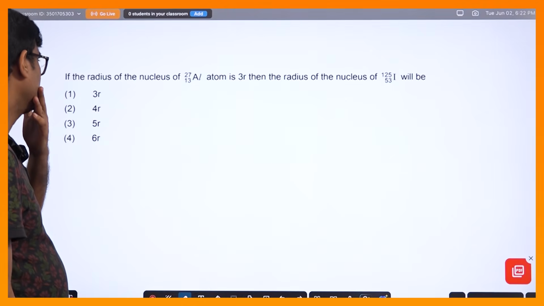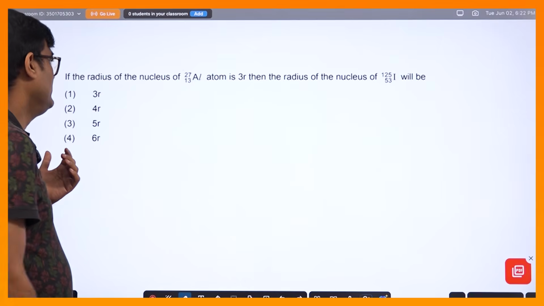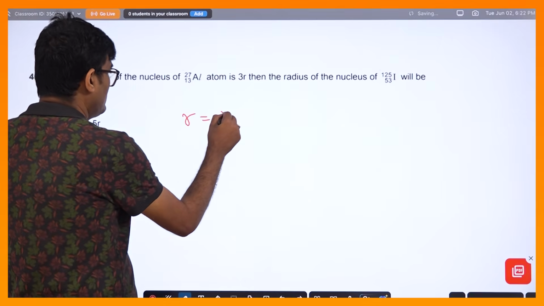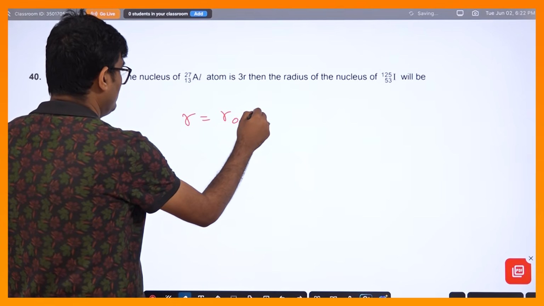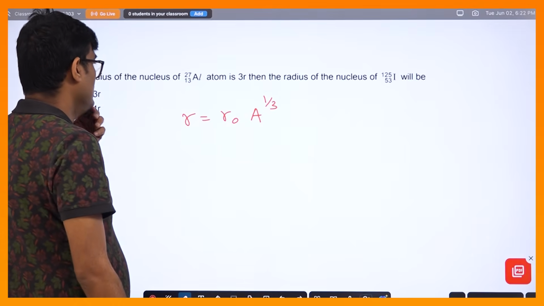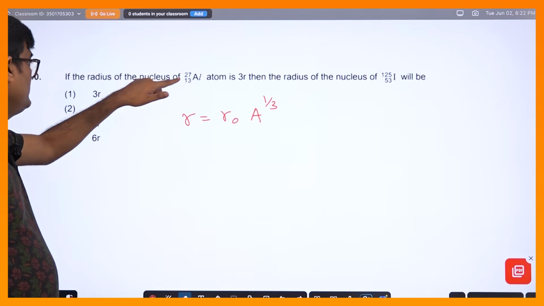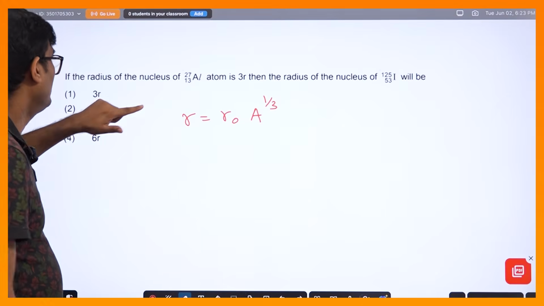Radius of the nucleus is 3r. The radius of the nucleus is equal to r naught into A to the power 1 by 3. Here it is 27 to the power 1 by 3.